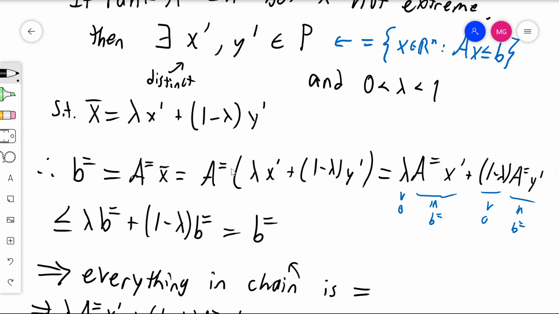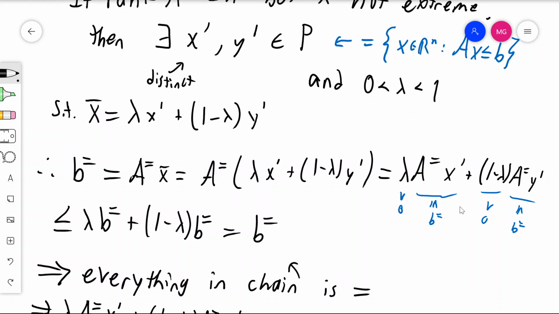So we can write x bar like this, lambda x prime plus 1 minus lambda y prime, and we can just distribute A equality inside the addition here. And then you get these two terms. And so we have lambda times A equality times x prime plus 1 minus lambda times A equality times y prime. And so the lambda and 1 minus lambda are both strictly positive, because lambda itself is strictly between 0 and 1.